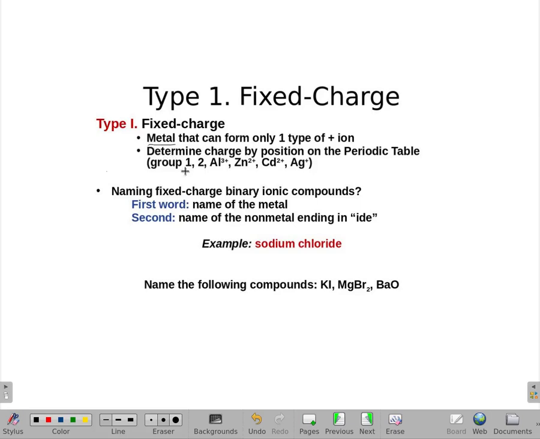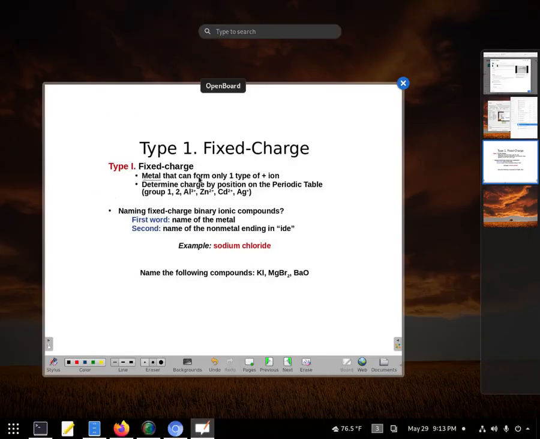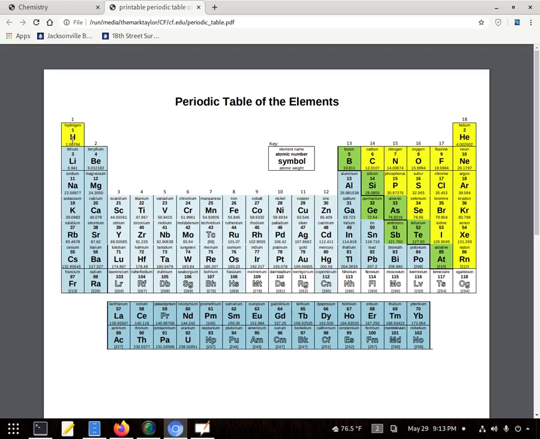What I mean by limited number, it says down here, group 1, 2, aluminum, zinc, cadmium, and silver. So what that means is, here on the periodic table, everything in group 1 and everything in group 2 are part of that type 1. The reason is everything in group 1 likes to form positive 1 ions, everything in group 2 likes to form positive 2 ions, and there's no other choices.